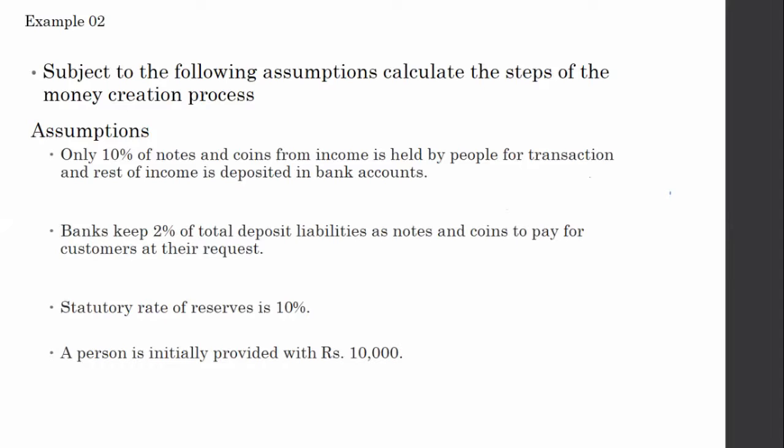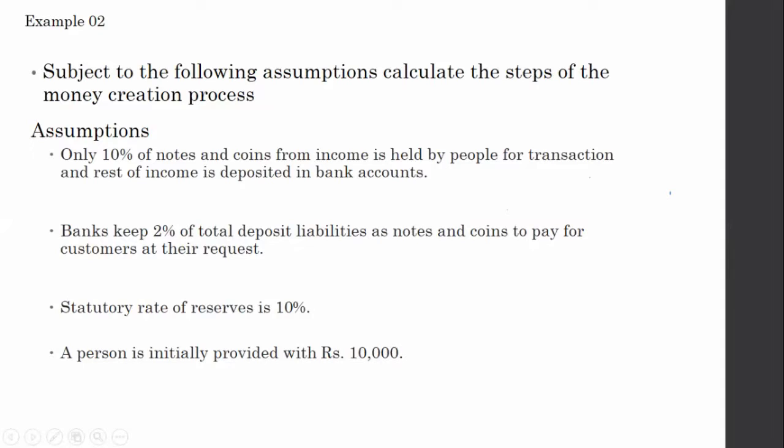For simplicity, let's say there are only two banks, commercial bank A and B. Initially the person who received the 10,000 rupees will deposit that money with bank A. Then ultimately that deposit, as lent money, will come to bank B as a deposit again. Up to that point, calculate the accounts, what will happen to the money creation process.